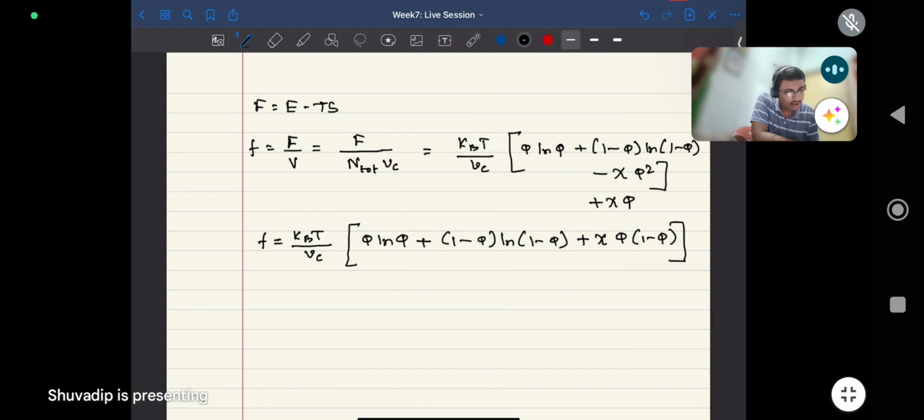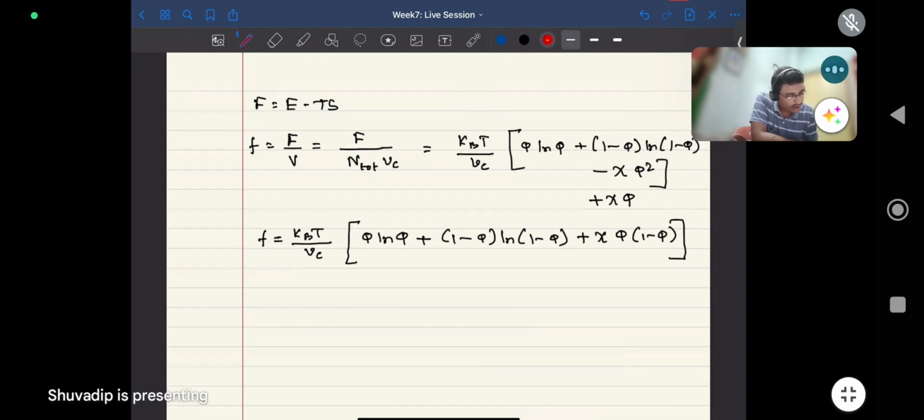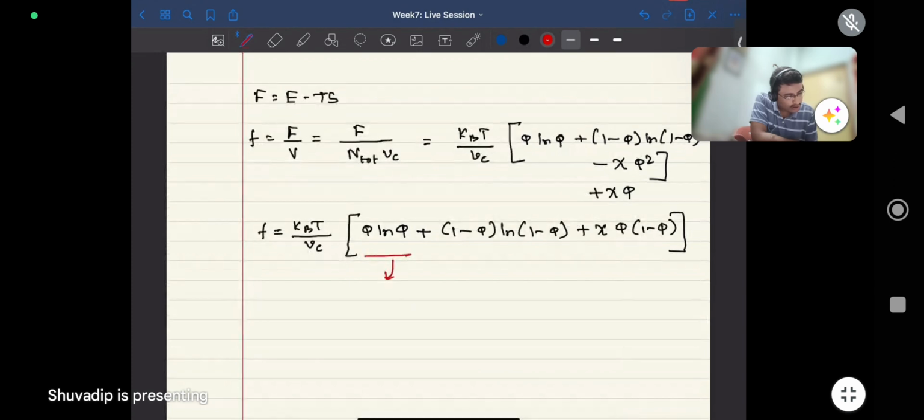If I explicitly discuss the contribution of each term, this is basically the entropy of solutes.